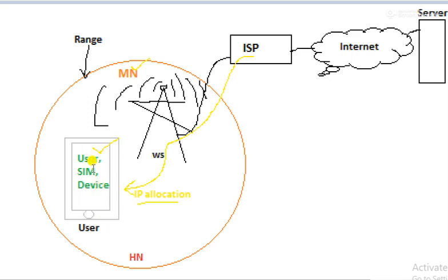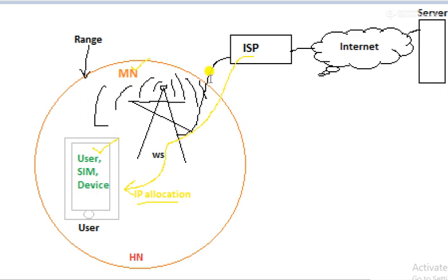When this mobile device is connected to the internet service provider, again in this case the protocol standards will be maintained, and since this is a service based network, there are so many services as I mentioned, like calling, delivering SMS, using internet and so on.